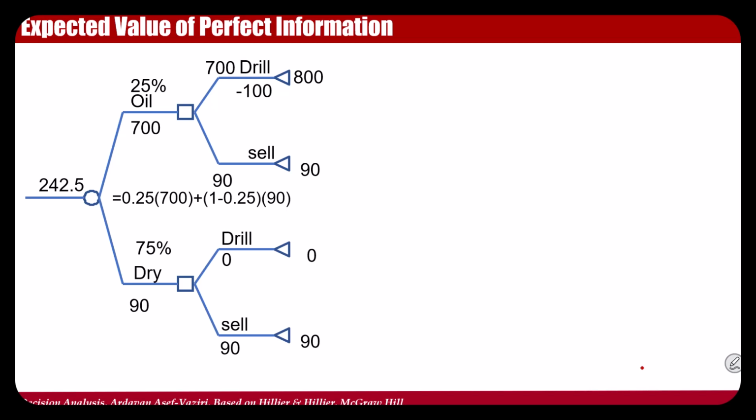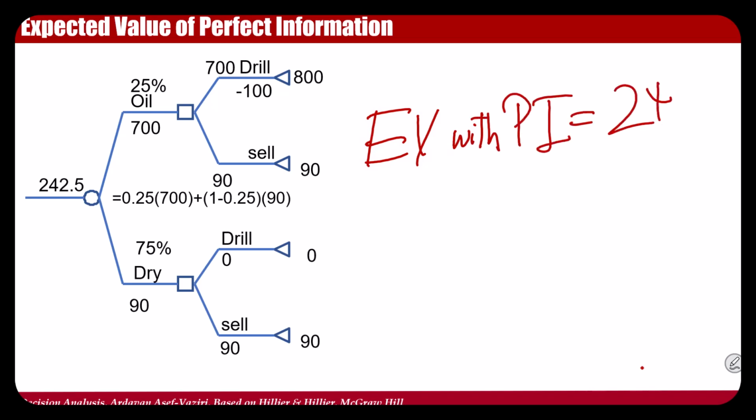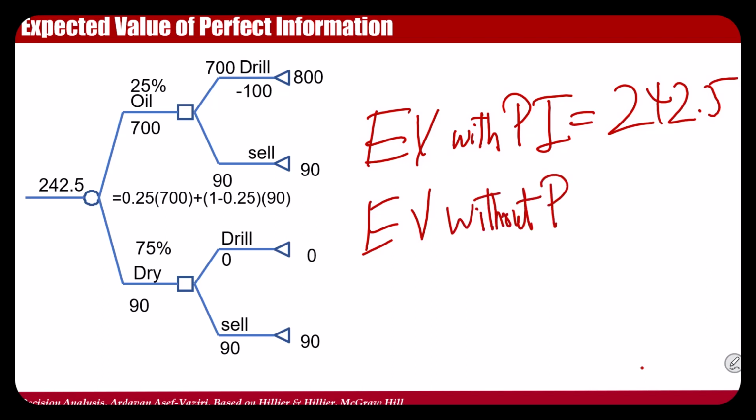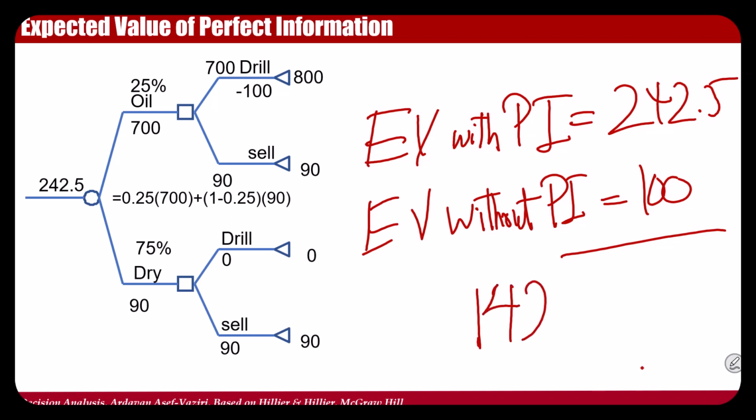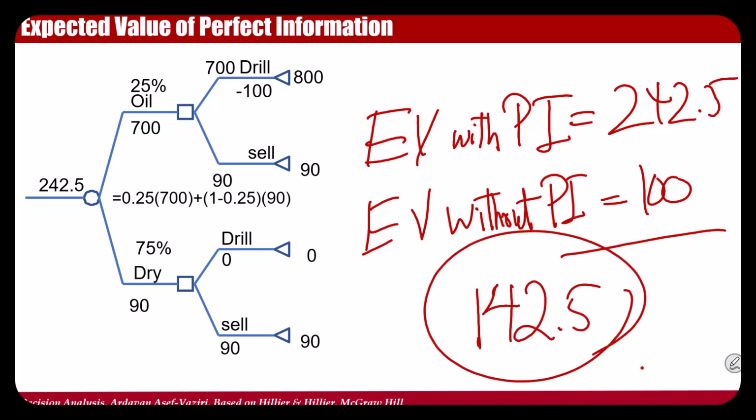This expected value with perfect information is equal to 242.5. The previous one was expected value without perfect information, and that was 100. The difference is 142.5, and that is the value of perfect information.